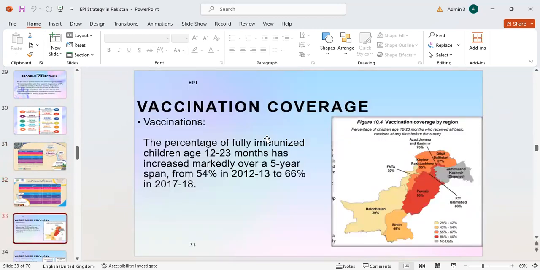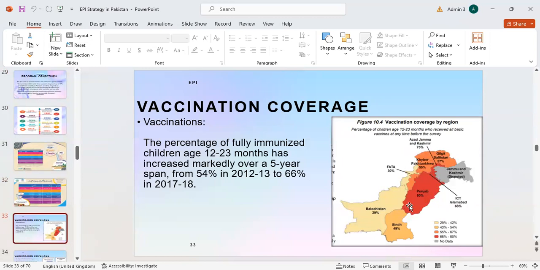Vaccination coverage. The percentage of fully immunized children aged 12 to 23 months has increased markedly over a 5-year span, from 54% in 2012-13 to 66% in 2017-18.